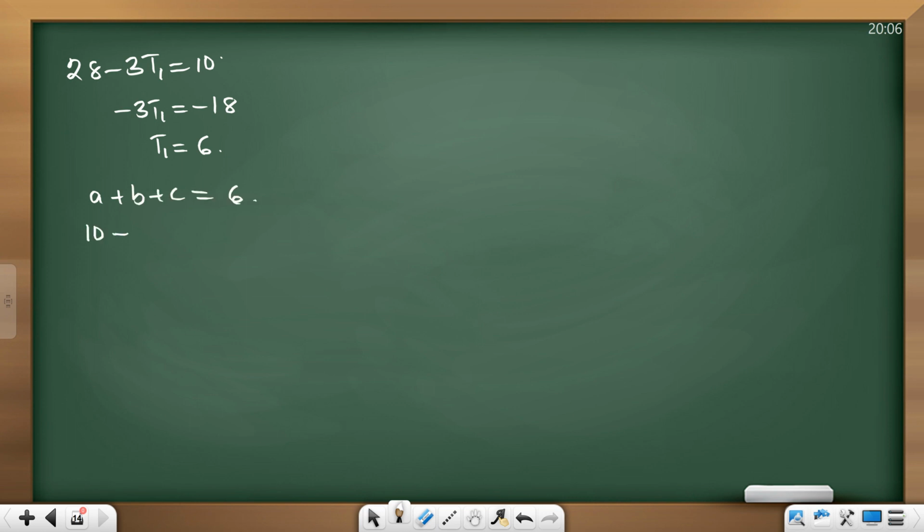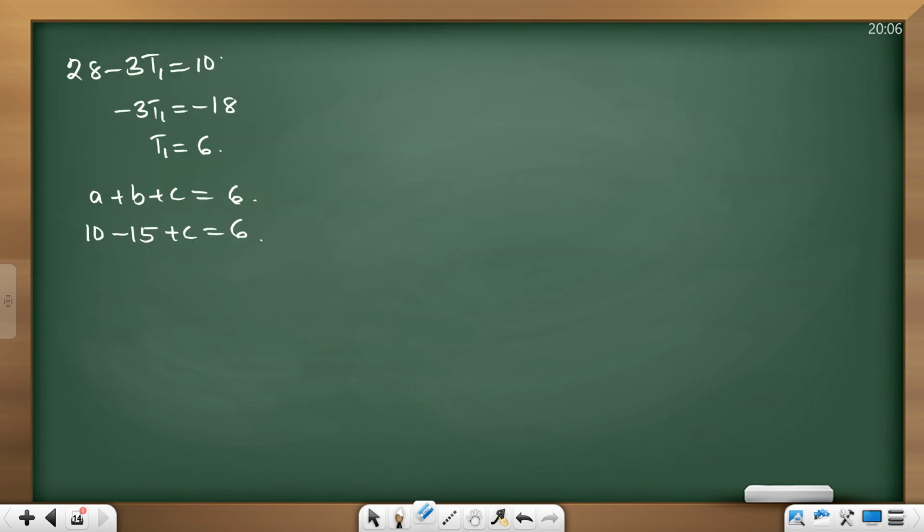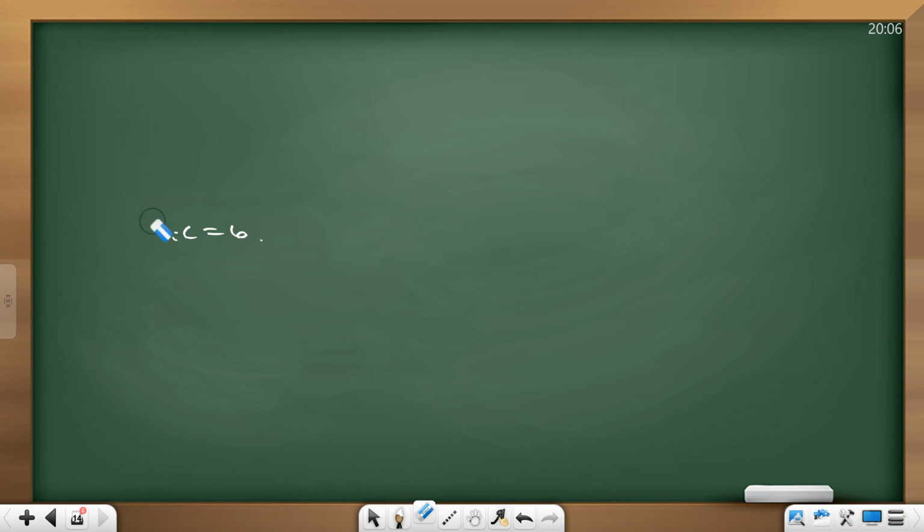That is A plus B plus C. We have A, 10. Right? What is 10 minus 15? That gives us what are we supposed to prove? Am I making a mistake? Did I make a mistake somewhere? Let's see.